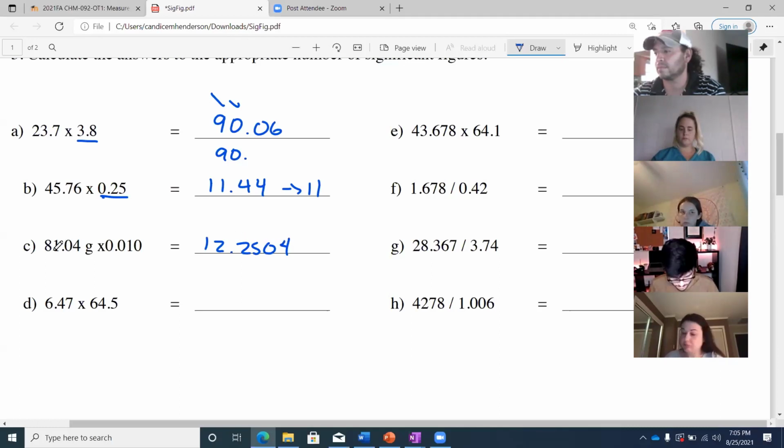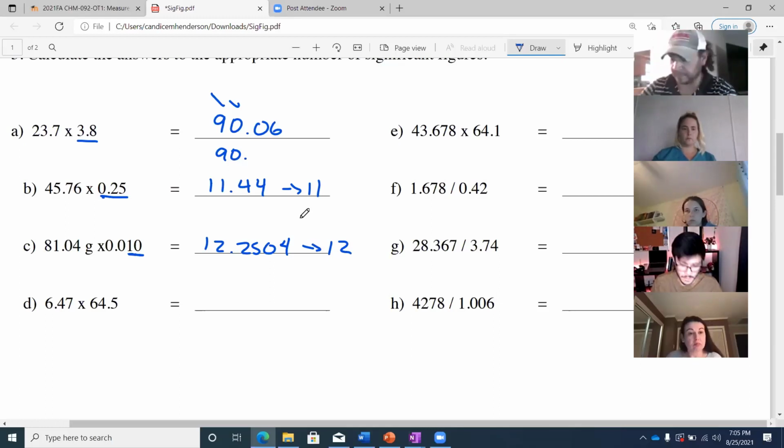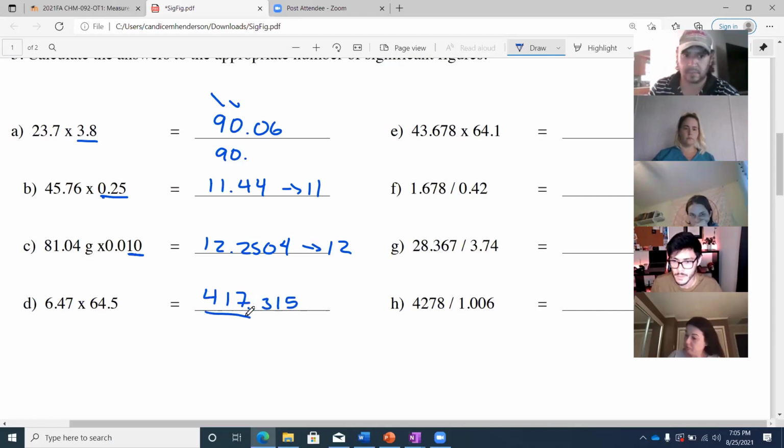How many sig figs do we get to keep? Just 2 here. So we would round this to 12. That last one, 6.47 times 64.5. We get 417.315. In this case, 3 sig figs. We'd round it to 417.